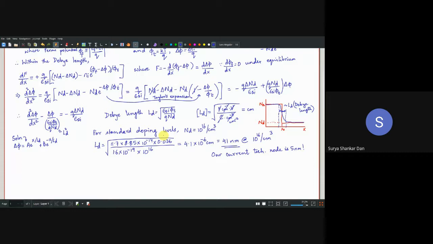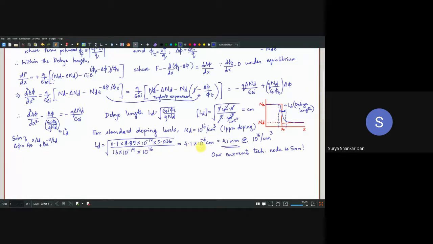Now, for the standard doping level, here is the conclusion of this entire modeling analysis. For standard doping levels, as I told you, this is nothing other than the 1 ppm doping. So in the standard 1 ppm doping, you are having 10 power 16 per centimeter cube, right? All I have done is replace epsilon_Si with its value, phi_t at room temperature, and q and N_D, and it turns out to be this value.